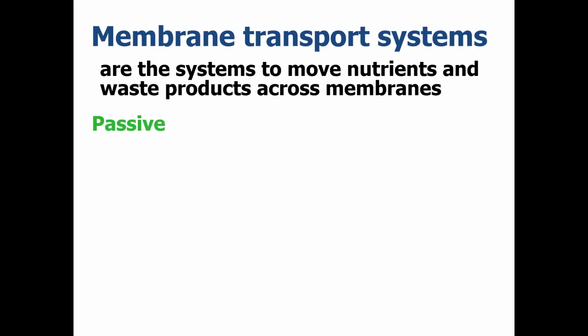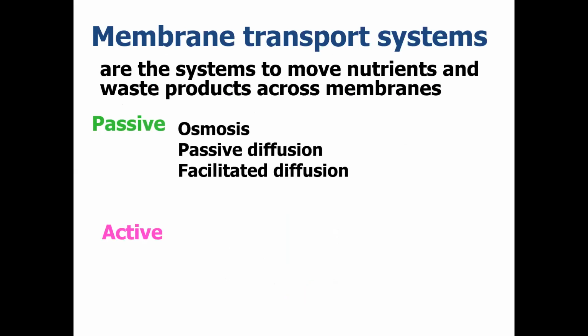Now the membrane transport system is generally categorized into two different types: either a passive transport mechanism or an active transport mechanism. Today we are discussing the passive transport mechanism. The passive transport mechanism is divided into three types: osmosis, diffusion, also known as passive diffusion, and facilitated diffusion.